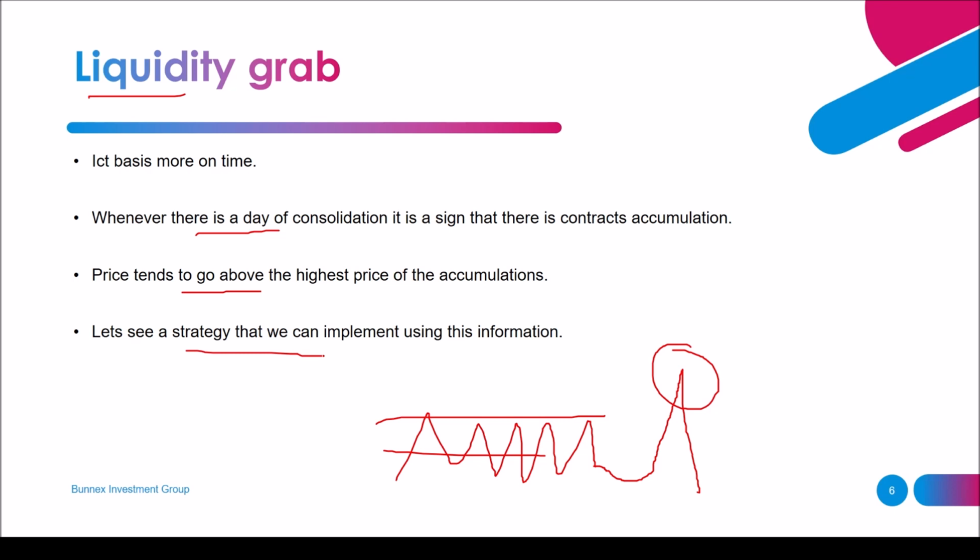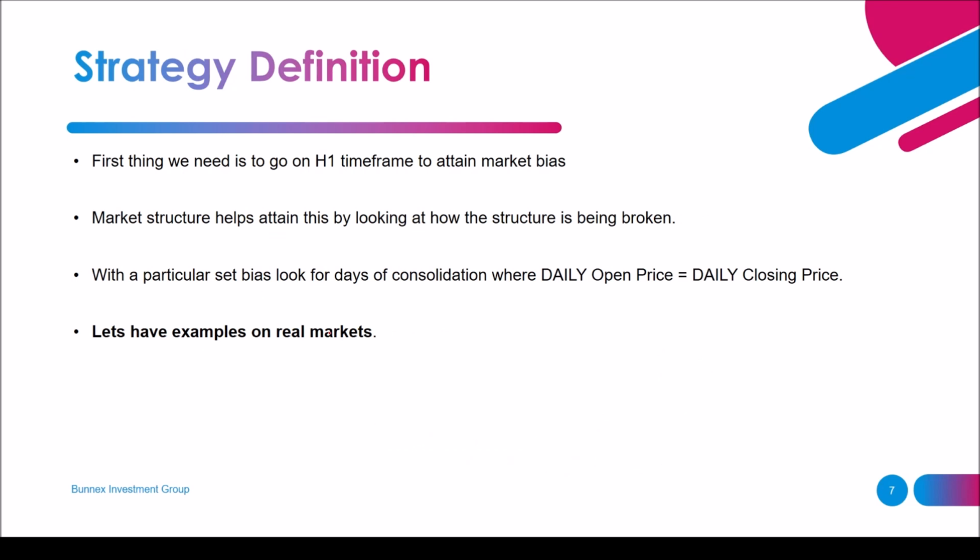Let's see a strategy that we can implement using this particular information. The first thing we need is to go on the H1 time frame to attain market bias. We are now defining a strategy that uses the information I gave you earlier.